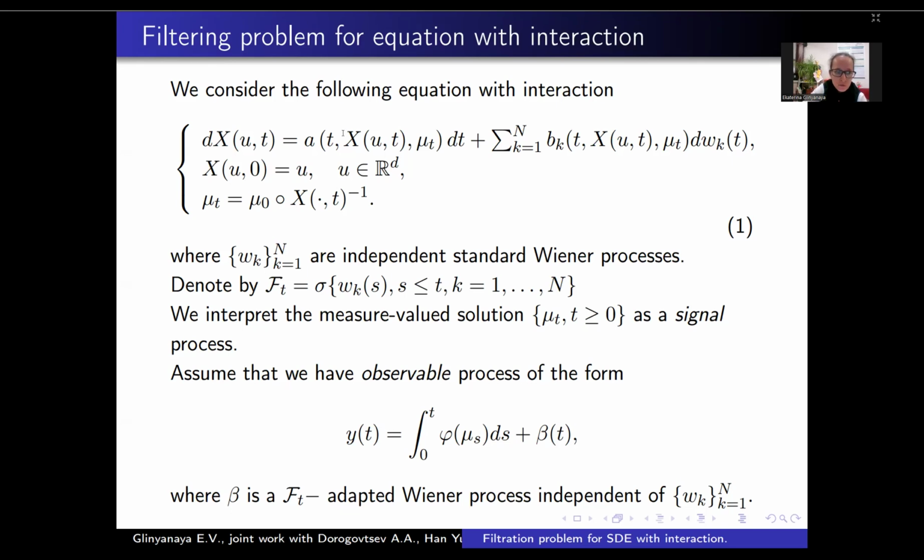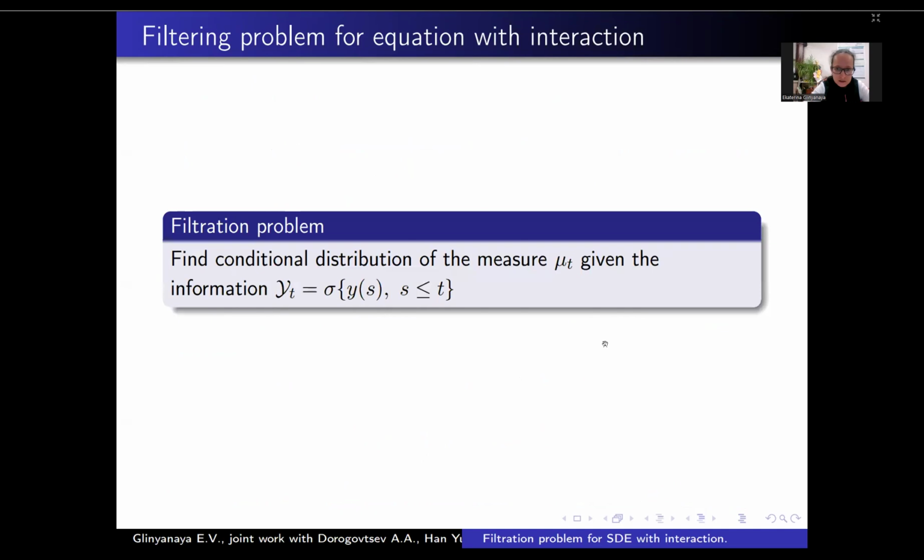This is what we want to know. We will consider not the process X, the whole flow, as a signal process, but a measure-valued solution to this equation. So we will consider the process mu t as a signal process.